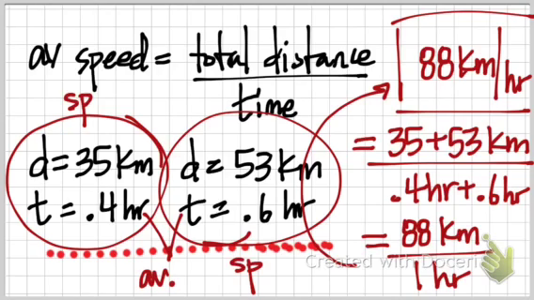Either way, the answer is going to come out pretty similar, because they're going to be off a little bit just because the math and the averaging is going to be a little bit different because you have more than one piece. But hopefully this helps. It's ultimately down to total distance divided by total time. And they are scalar because you do not have to include a direction.